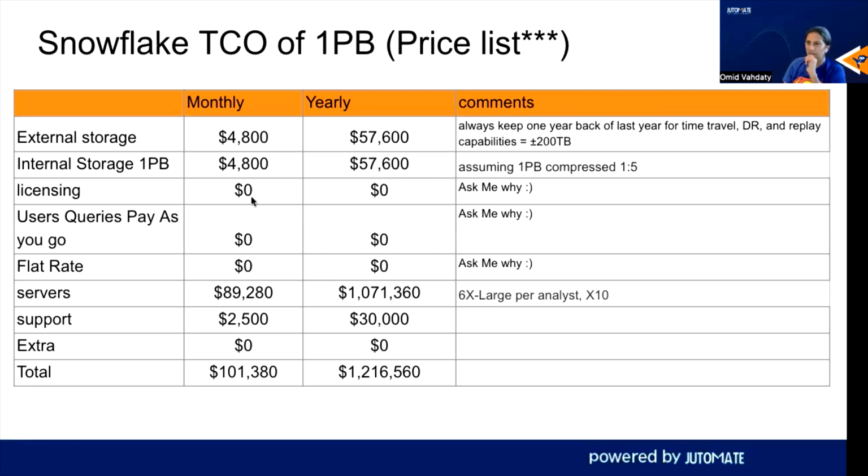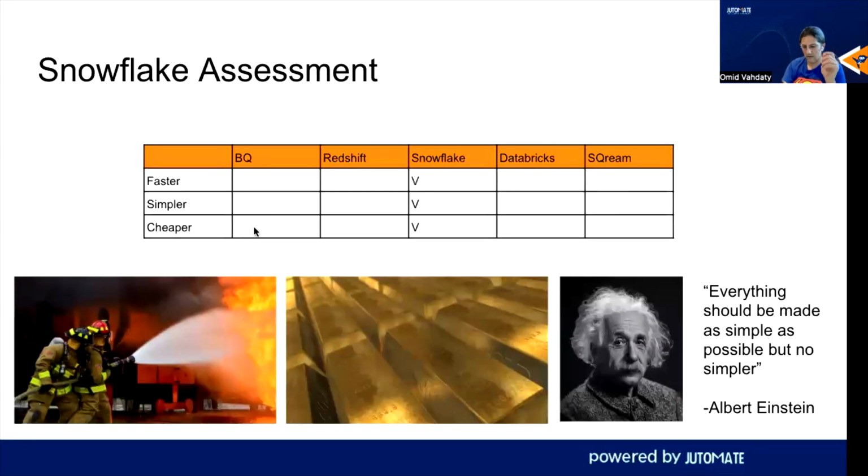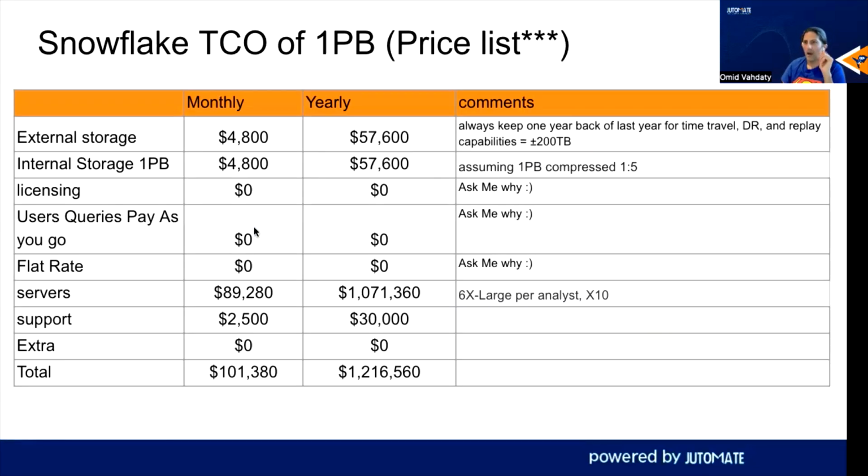In terms of licensing, there are no pay-as-you-go scenarios because you're essentially paying a fixed price for uptime of a cluster. There's no flat rate, essentially, you need to pay because all the cost is associated with servers.